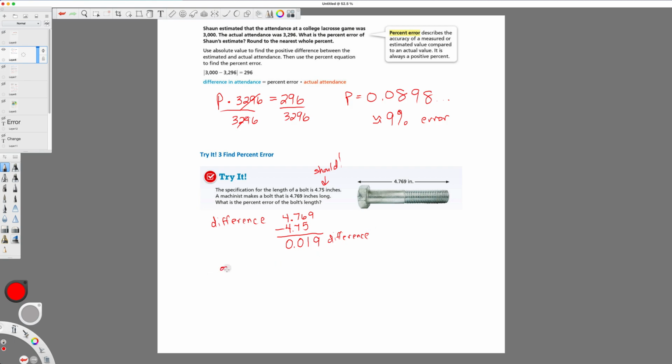So I'm going to take percent times what it should be equals the difference. And so the percent times what it should have been, the 4.75, equals the difference between what it should have been and what it ended up being made at, that difference of 0.019.